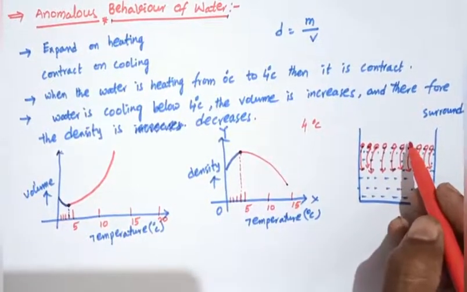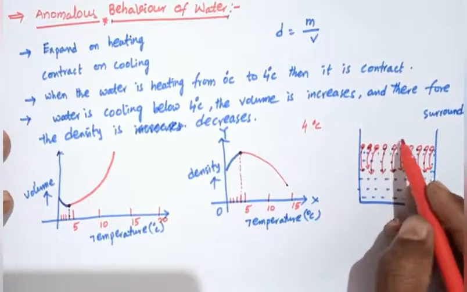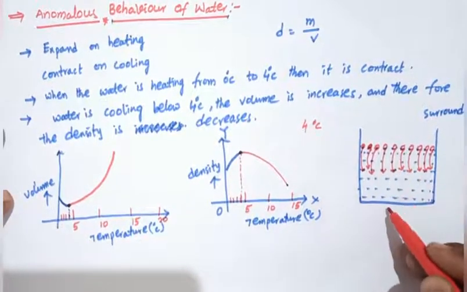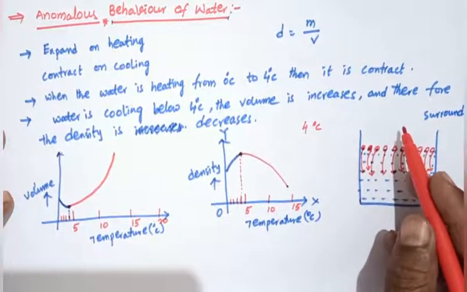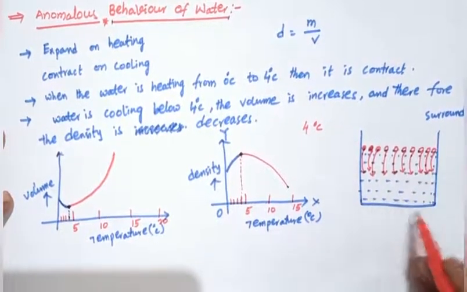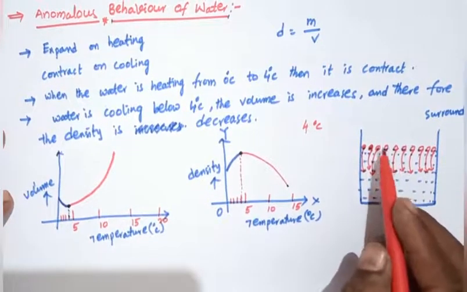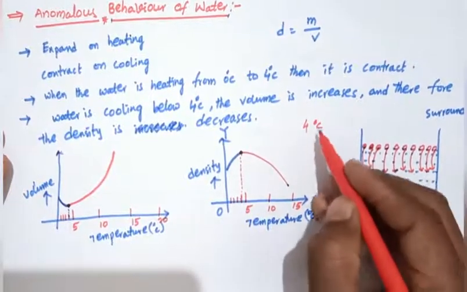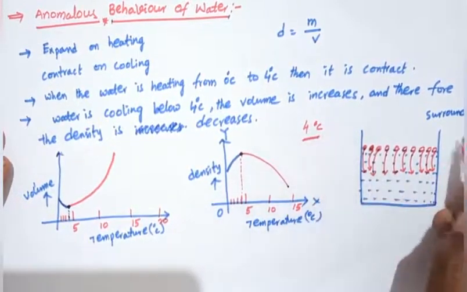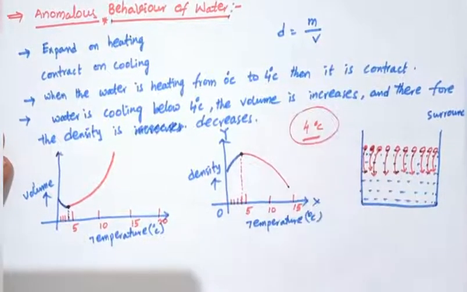The higher density particles sink and the lower density particles rise upward. So this process goes on up to 4 degrees Celsius.